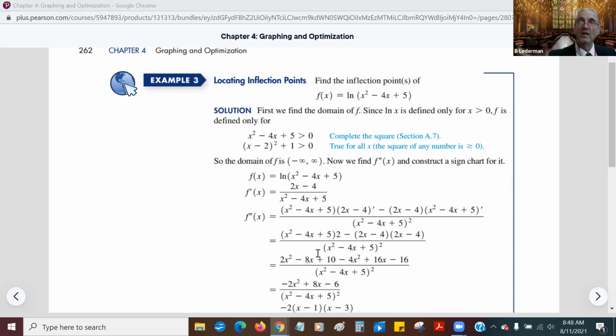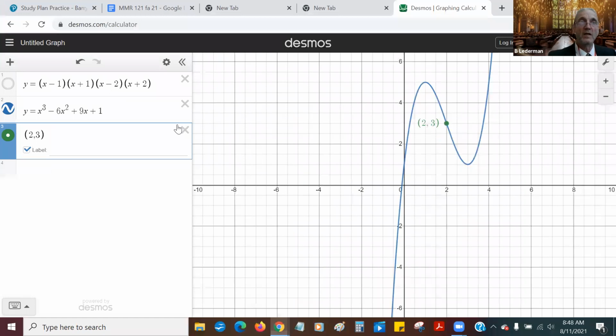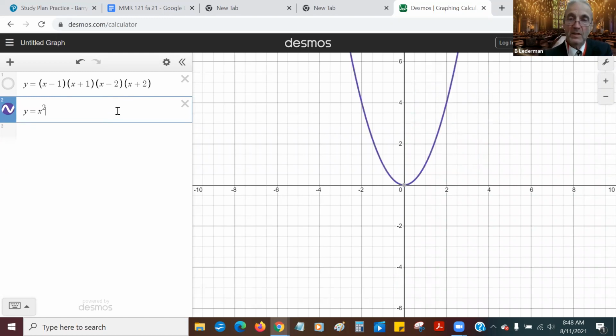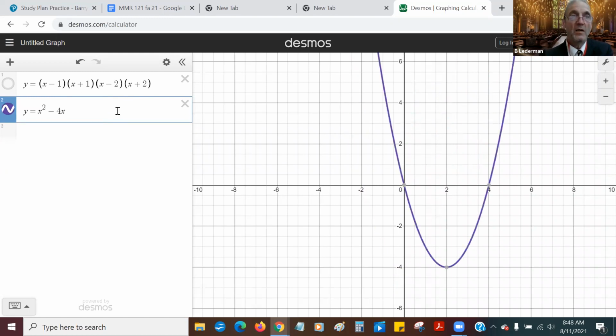Let me show you that. I'm looking at this inner function, x squared minus 4x plus 5. Let's just graph that. So y equals x squared minus 4x plus 5.